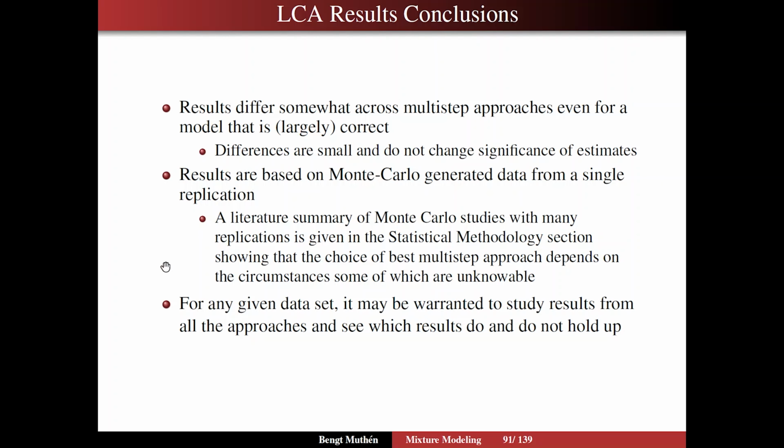And I think that for any given data set, it may be warranted to study results from all the approaches and see which results do and do not hold up. With a combined approach, for instance, it's not hard to do all three multi-step approaches, and then see which results hold up and which don't.